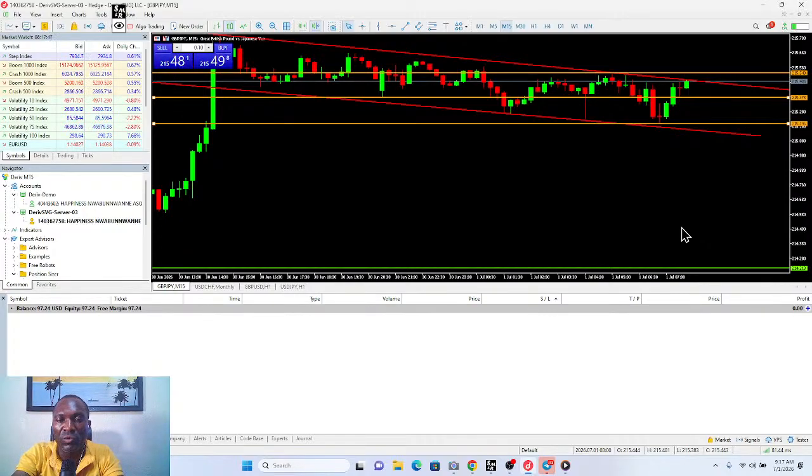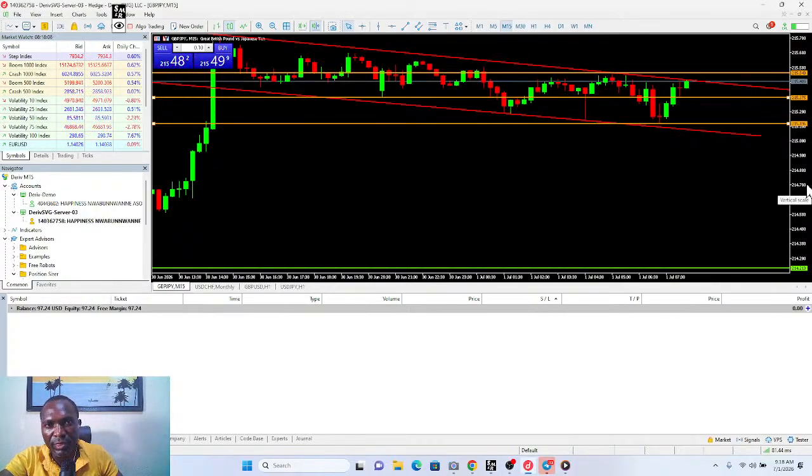We have 3.75 minus 2.50. I have 1.25 to take a trade. I have 1.25 to take a trade.